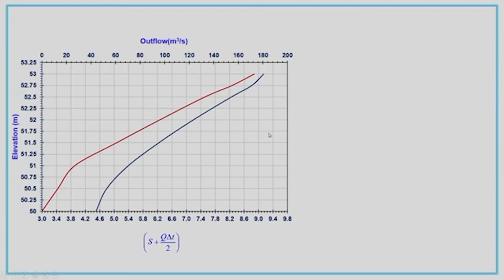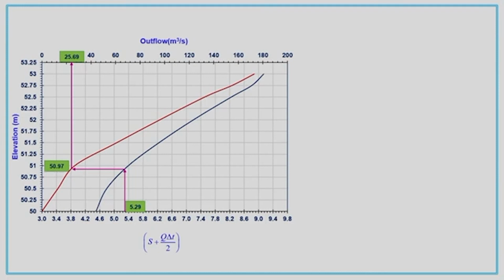So, S2 plus Q delta T by 2 is 5.29, that will be coming to be here as marked, and from there we will find out the value corresponding to H, or the elevation. Elevation is found out to be 50.97, and corresponding to this elevation 50.97, what is the outflow value? That we will take from the second curve. Outflow is coming out to be 25.69.